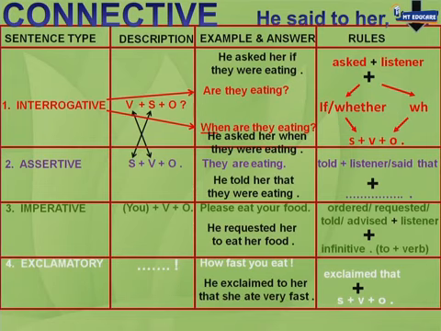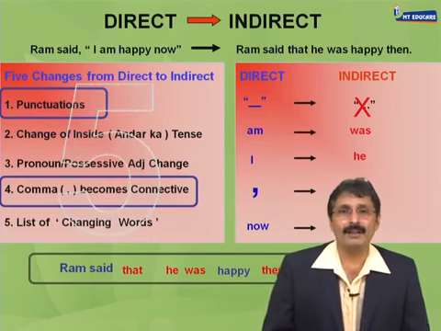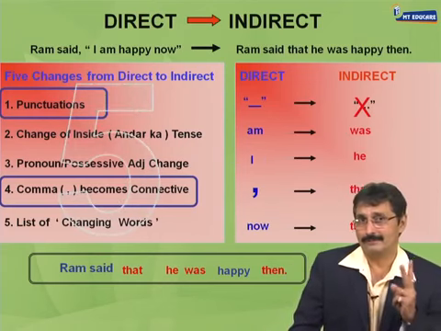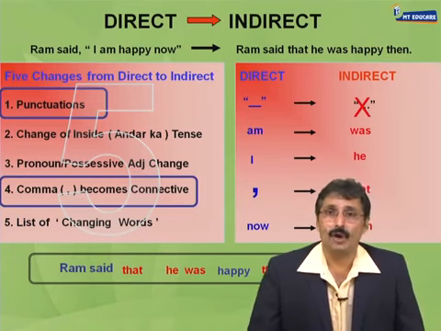And with this, we now move on to the next change. We have already finished 2 changes. The first change, punctuation. The second change, comma becomes connective.